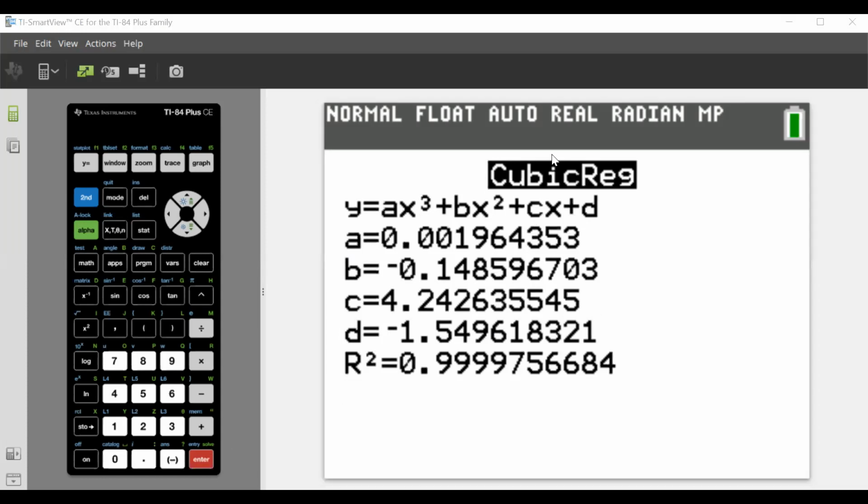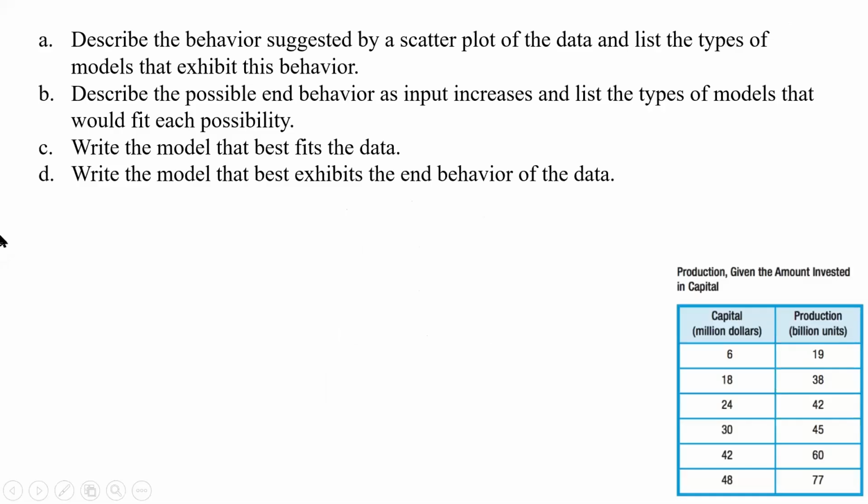So let me go back over here and let's start writing stuff down. All right, so for A, describe the behavior suggested by the scatter plot and list types of models. Well, it's decreasing going left, increasing going right, and so it looks like our cubic model is the only one that really works.